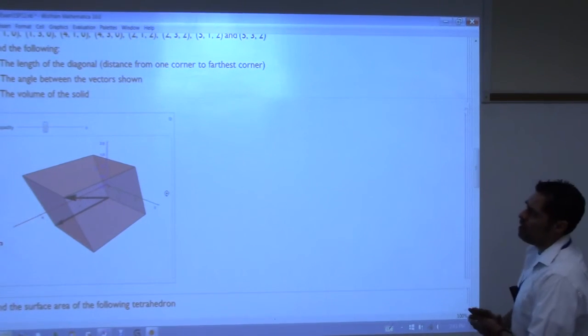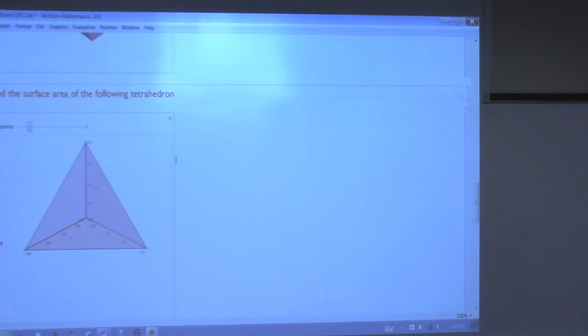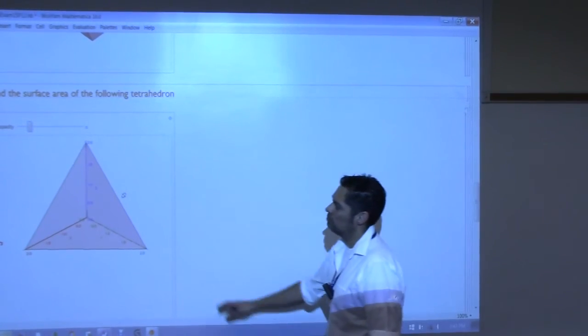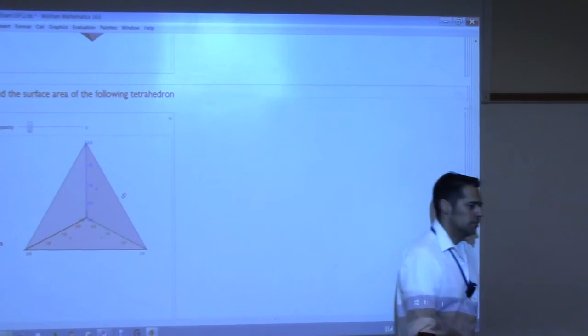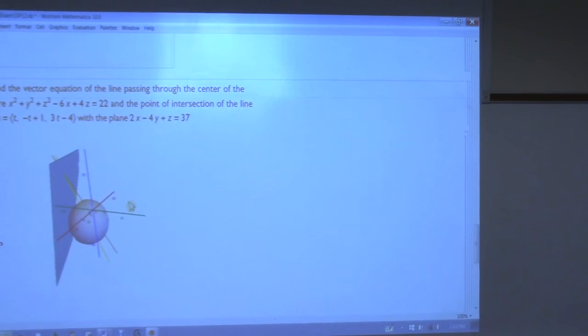Finding the volume of the solid we haven't talked about yet. This one is a tetrahedron, three-dimensional. And you should be able to solve this now. This one we have not talked about.